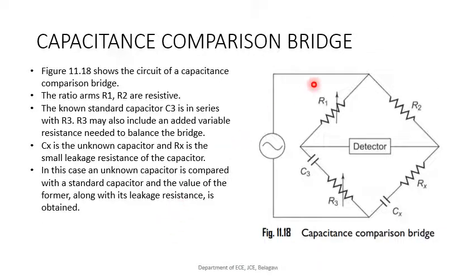So first, the bridge which you will see is a capacitive comparison bridge. This is normally used to find out an unknown capacitance. So here in this case, the unknown capacitance is Cx. The capacitance has an internal resistance of Rx, and this Cx we want to find out.